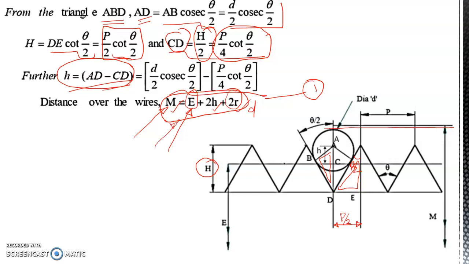If the measured value and the theoretical value of m are not the same, then there is an error in one of these variables. Either the error will be on E or on h, or the depth of thread may have the error, so the effective diameter may not be correct.